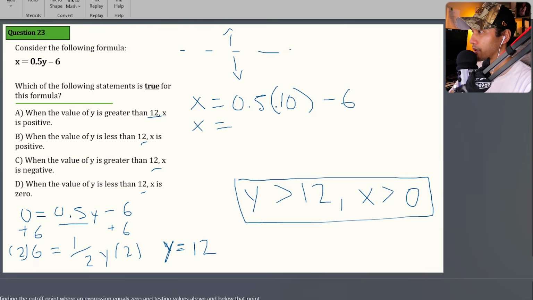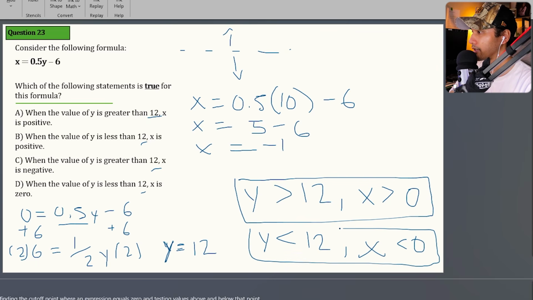What is 10 divided by 2? That is 5, minus 6. x equals negative 1. So when y is less than 12, x is less than 0, or negative.